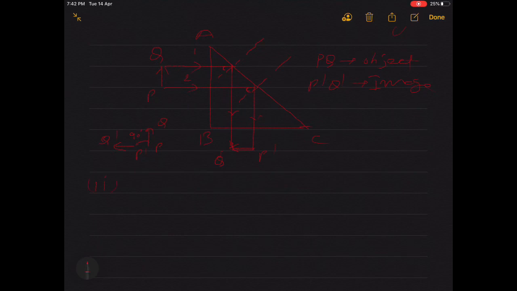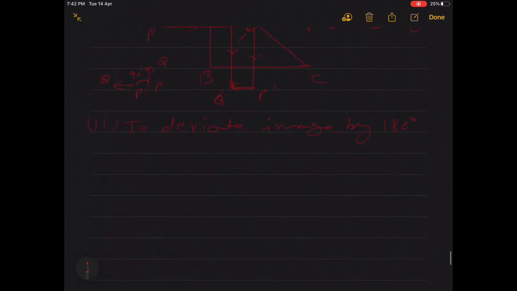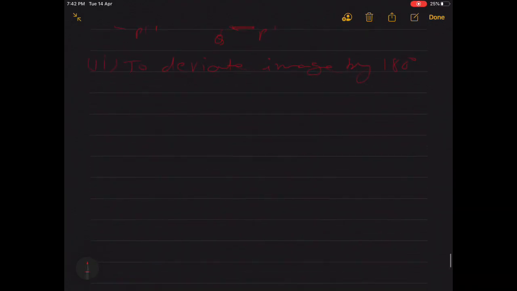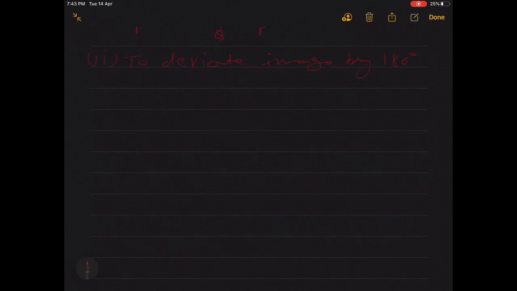So the second application is to deviate image by 180 degree. For the purpose this time, we will use the third side of right angled isosceles prism. These two sides are as it is, we had taken in previous case.